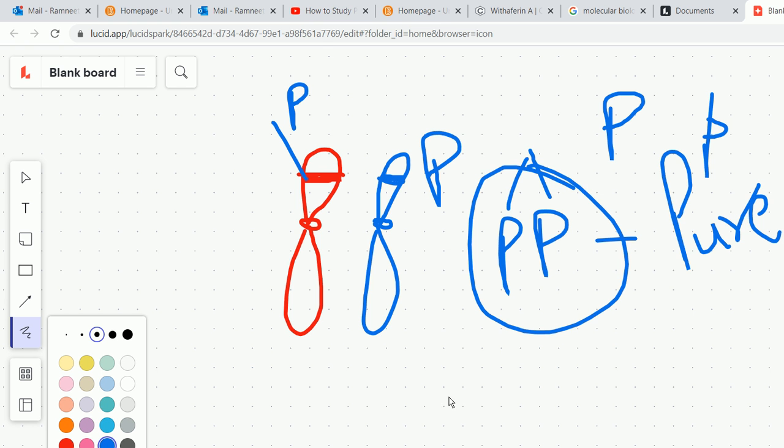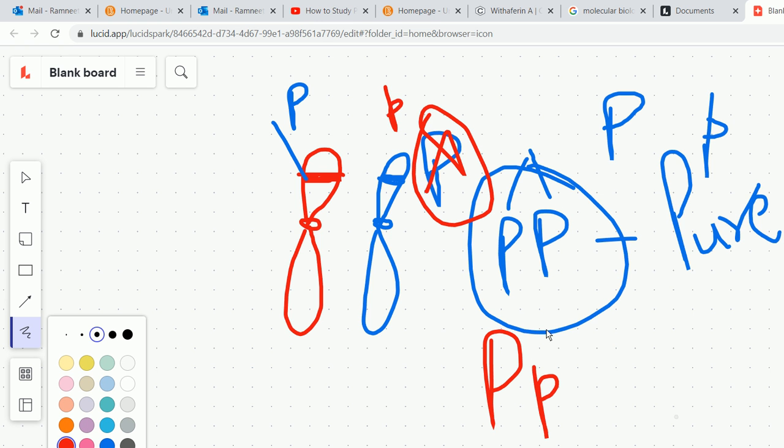Okay, now there is a possibility, if this allele is capital P and this other allele is, suppose, let me make with different color, suppose this allele is not capital P but it is small p. If it's small p, then the two alleles are capital P and small p, right? But because purple color is dominant, capital P is a dominant allele.